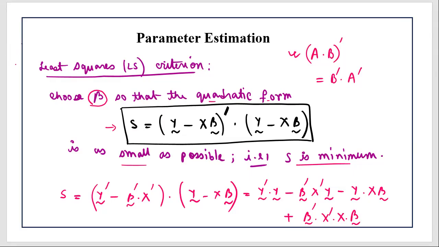Have I done this right? Please check. These two terms we have taken first, and then these two terms: beta curl transpose x transpose with y curl, then y curl prime with x beta curl, and then beta curl, x transpose, x into beta curl, right? So this will be the multiplication.